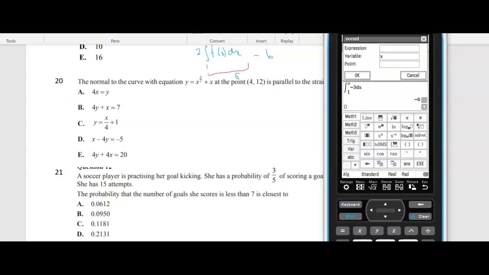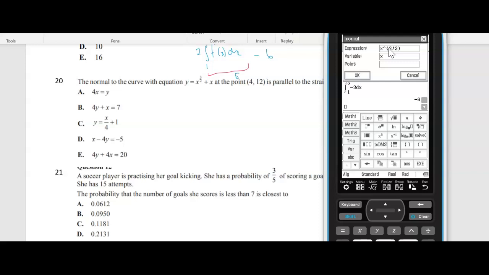Sorry, you can't see my full screen. So x to the power of 3 on 2. I'm going to put that in brackets, otherwise we might make a mistake.